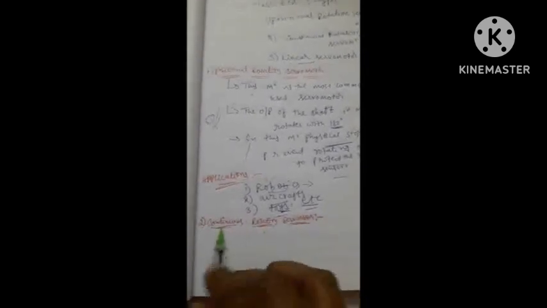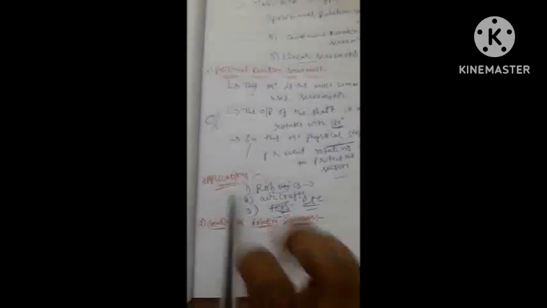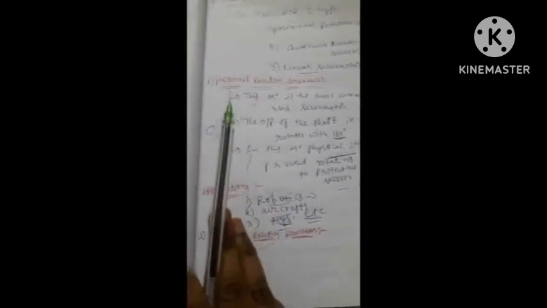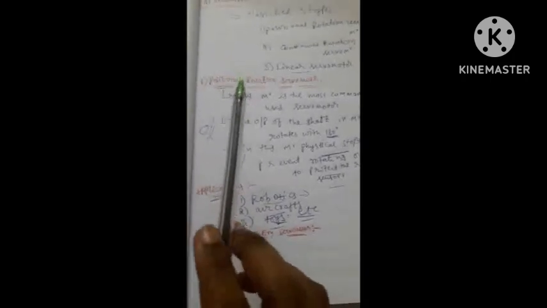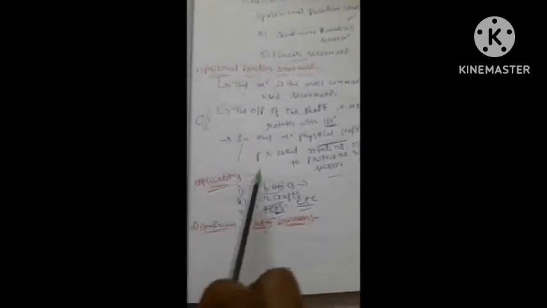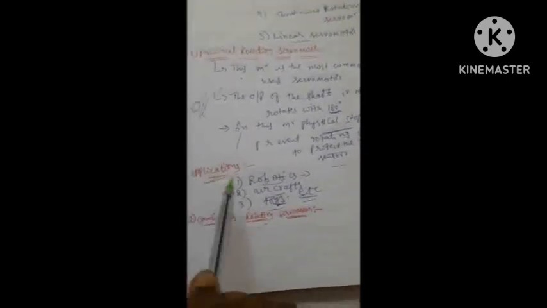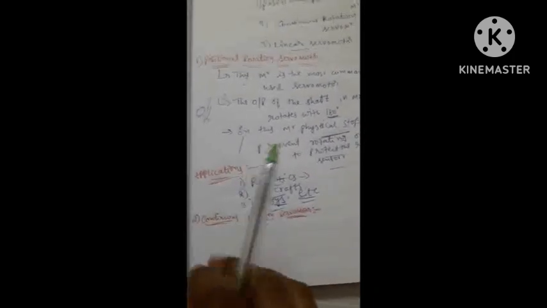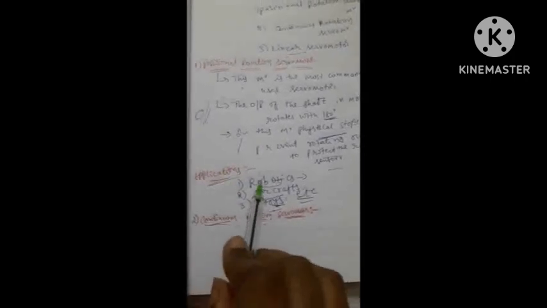This is the small difference between the positional rotation and continuous rotation. Positional means the servo motor is applied for a particular position. Likewise, if we see the example of robots, if we give a command to the robots, they will stop at a particular position.